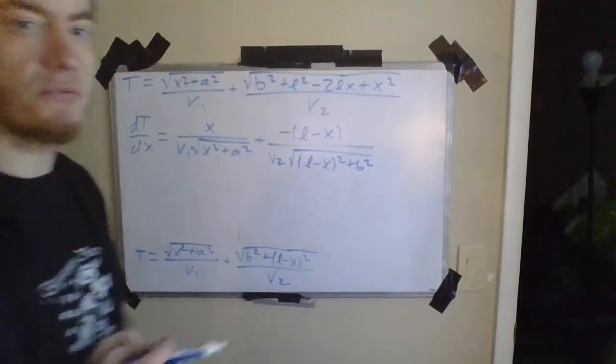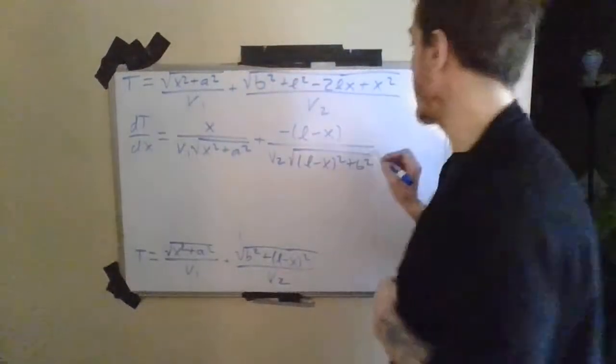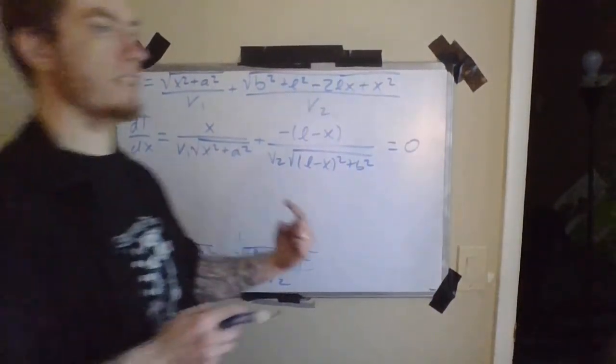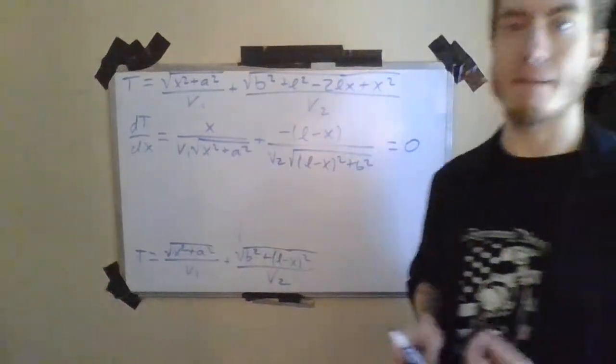And we're trying to figure out where this is equal to 0, because it turns out that Fermat's principle states that light will always take the path that minimizes the time.